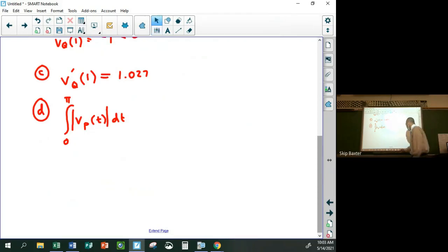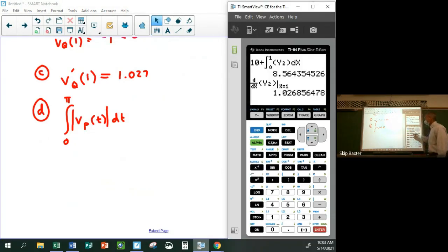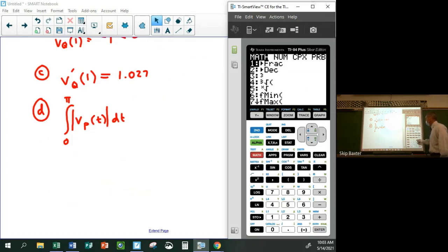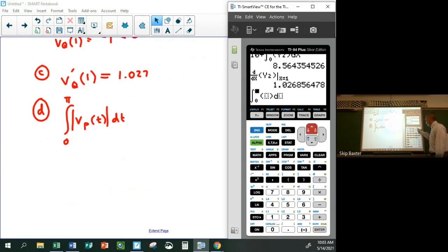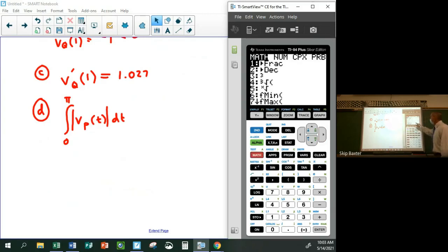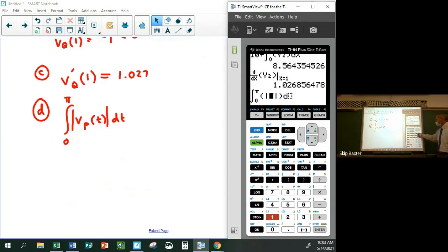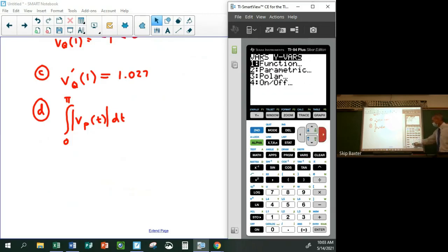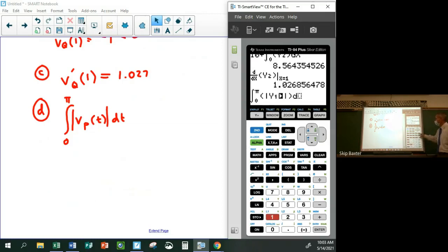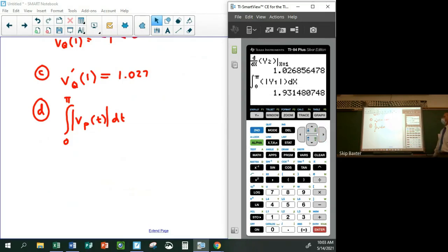So on your calculator, this is just math 9, the integral from 0 to pi, math, number, absolute value, variables, y variables, function 1, dx, that number.